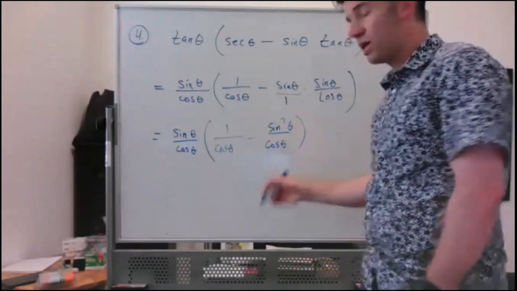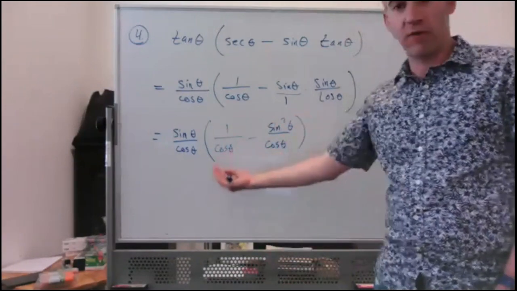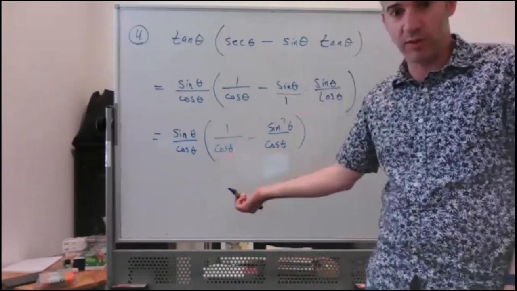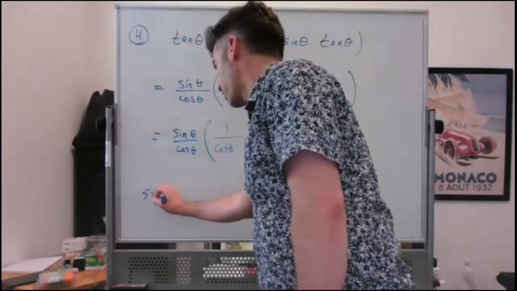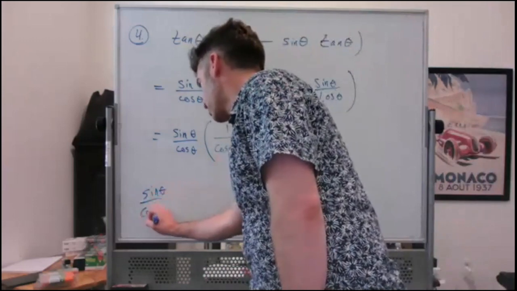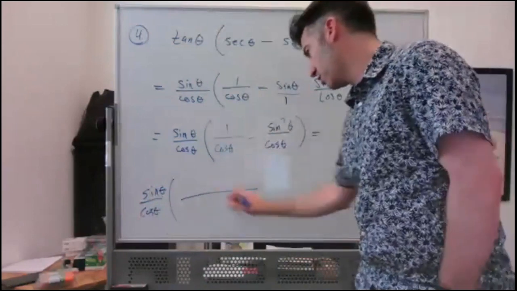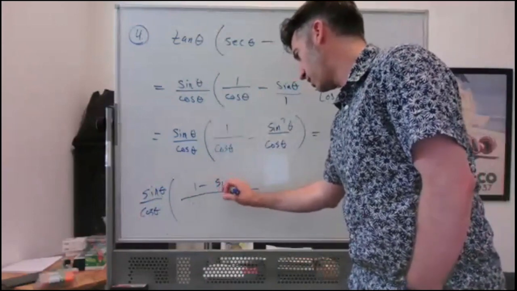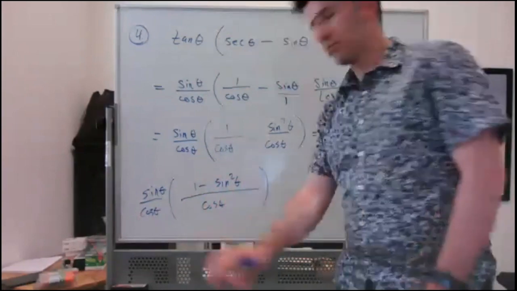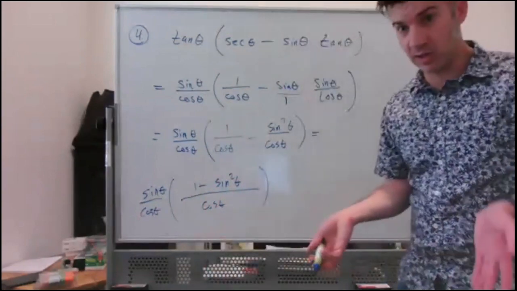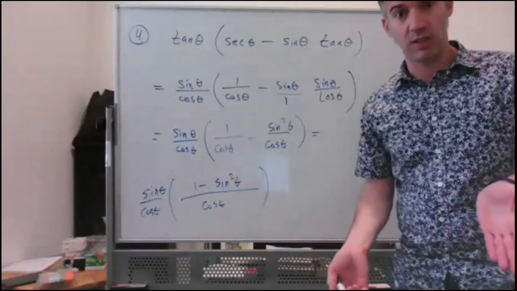And I'm kind of lucky because I already have a common denominator. So I can just subtract the two fractions to get sine theta over cosine theta times the single fraction 1 minus sine squared theta over cosine of theta. Now, 1 minus sine squared is a trig identity we should recognize. 1 minus sine squared theta is equal to cosine squared theta.